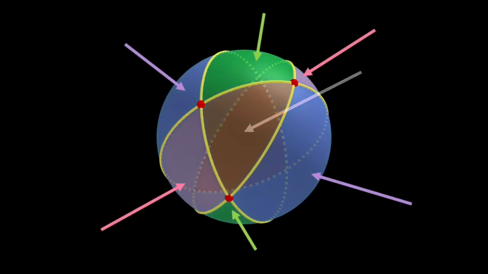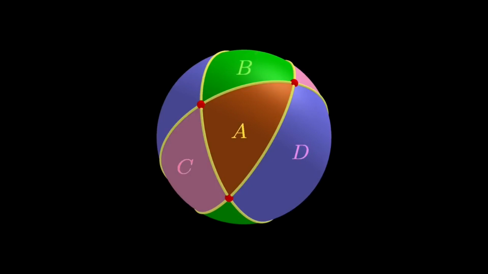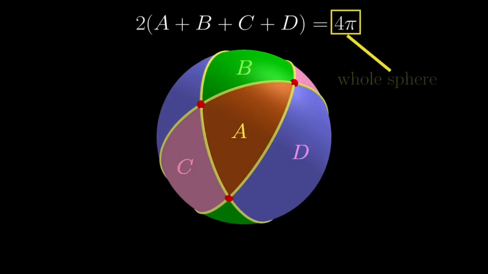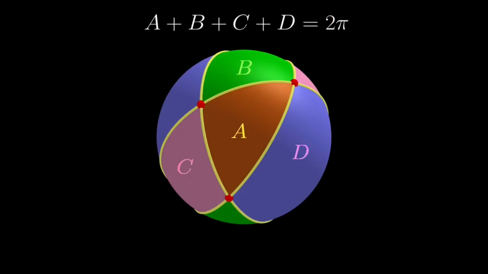Here, I color two regions the same if they have the same shape and area, and assume they have areas A, B, C, and D respectively. Because each shape appears twice on the sphere, twice the sum of A, B, C, D will give us 4 pi, 4 pi being the surface area of the whole sphere. Equivalently, A plus B plus C plus D equals 2 pi.